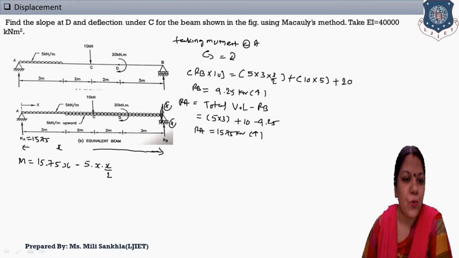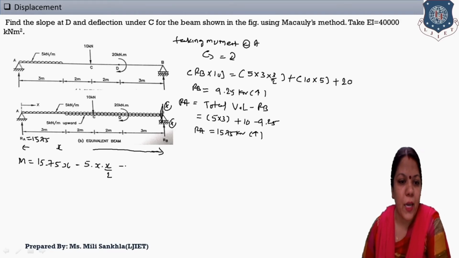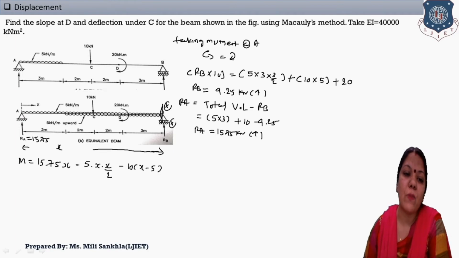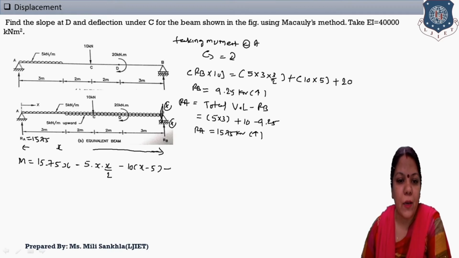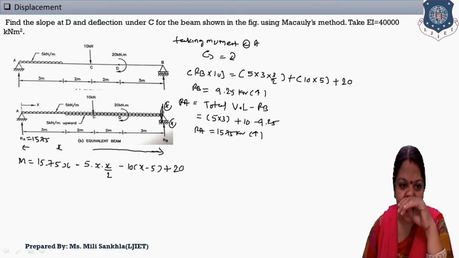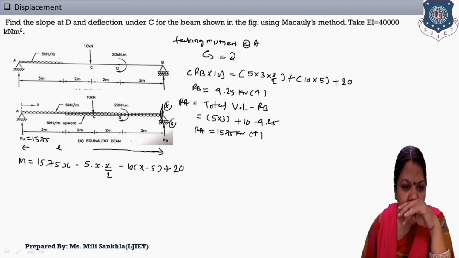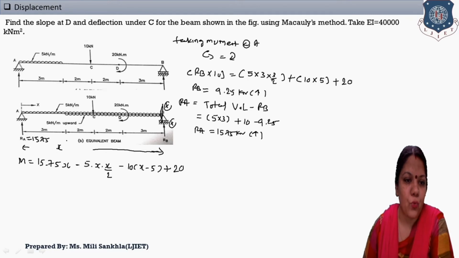Next is the 10 kilonewton, which rotates anti-clockwise: 10 into X minus 5. Point load is given, so load into distance, and when a UDL is given, load into distance and distance by 2. Again here the moment is given and this moment is plus, so 20, and this distance X, from the left hand side 3 plus 2 plus 2, 7.